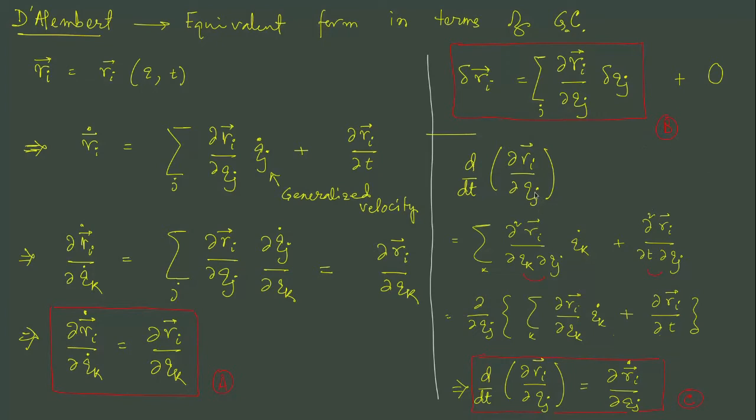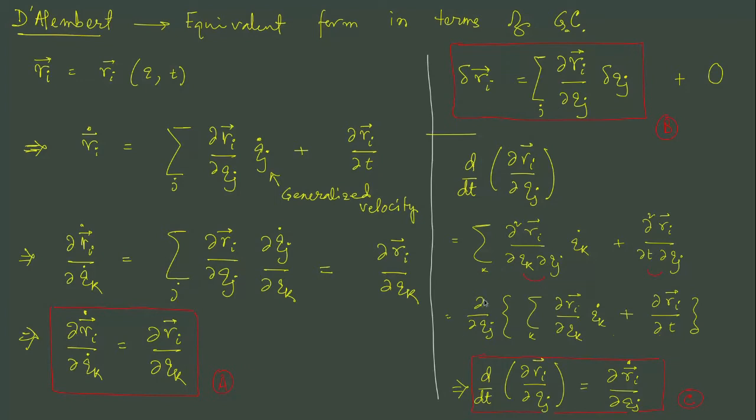C looks a bit complicated. Let's suppose we have a quantity del Ri del qj, and we take its total time derivative. Using chain rule, we take the partial derivative with respect to qk of this quantity and multiply that with qk dot, plus we take the partial derivative with respect to time. And then we can interchange the partial derivatives, the standard protocol, in which case the partial derivative with respect to qj can be taken out.